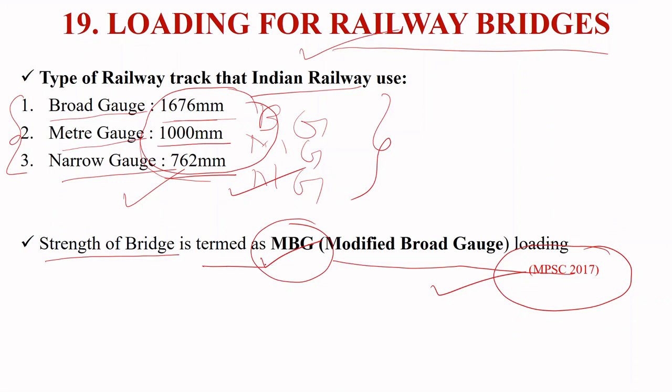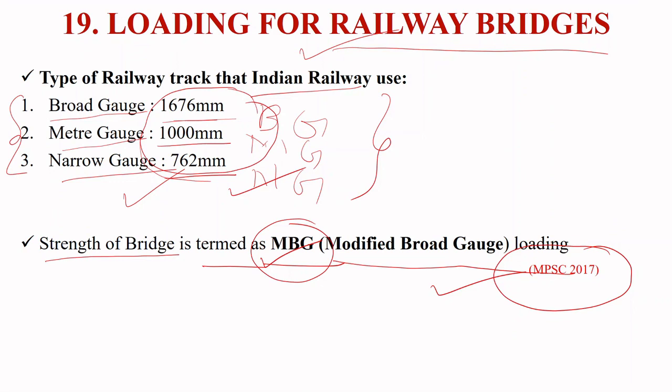So that is MBG. In the next lecture we will see the different recommendations given by the IS code for cycle tracks or footpaths. Later we will start with low cost bridges. What are low cost bridges? What is a culvert, and what are the different types of culvert? We will see that in the next lecture.